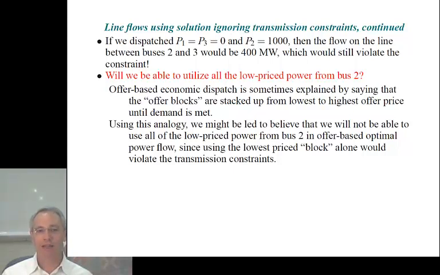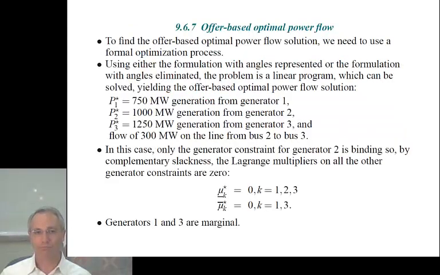If we use this analogy, we might be led to believe that we wouldn't be able to use all of the low-priced power from bus 2 in offer-based optimal power flow, since using that lowest-priced block alone would violate the transmission constraints because it would result in a flow of 500 megawatts. So let's think about that. Will we be able to utilize all of the low-priced power?